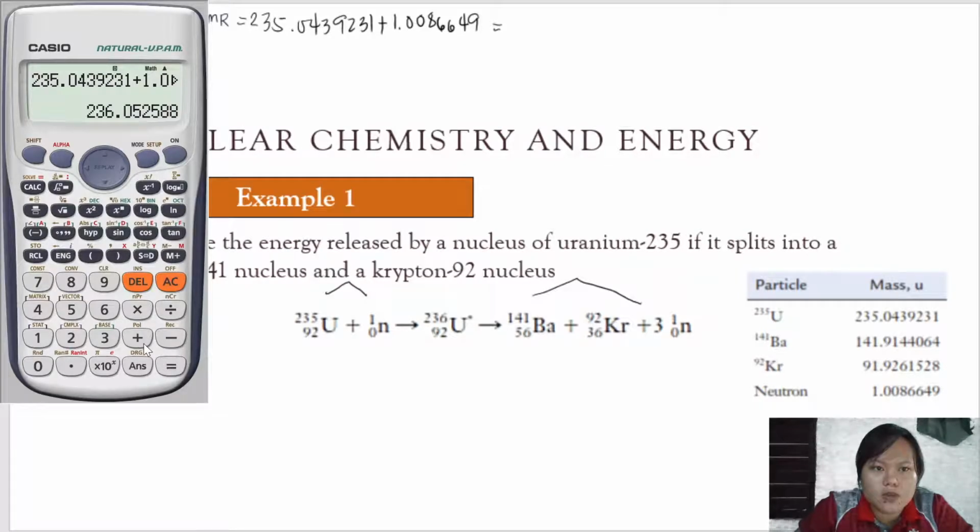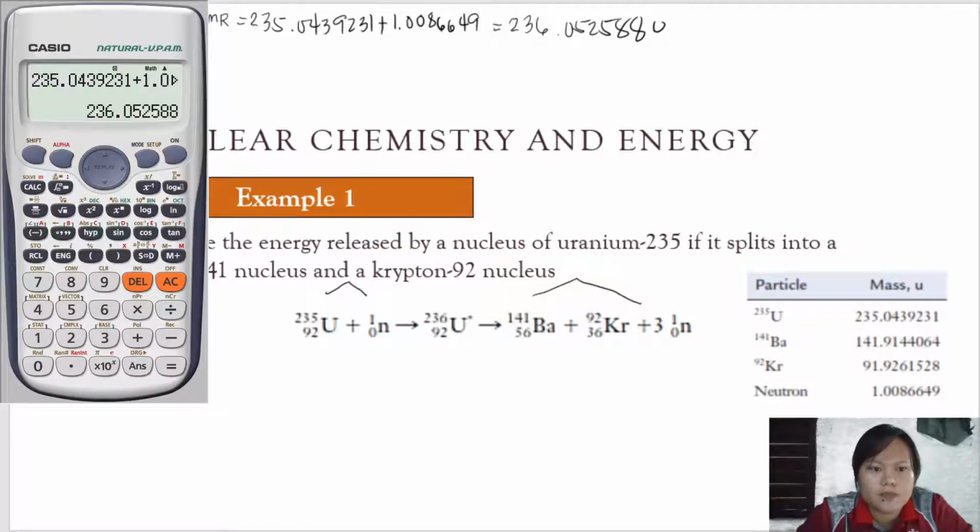So that would be equal to 236.05258. So U is the unit.